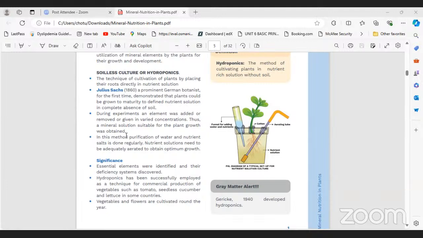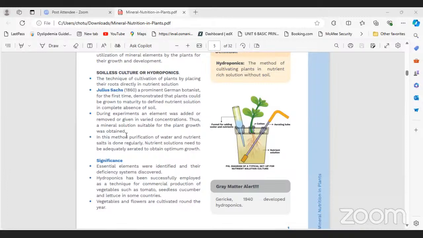Besides, small traces of these elements might be present in the seed. It is now definitely known that boron, manganese, zinc, copper, molybdenum, chlorine are also essential elements. The essential role of these six elements was demonstrated rather recently.